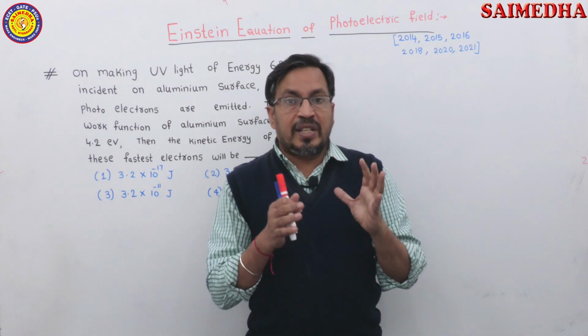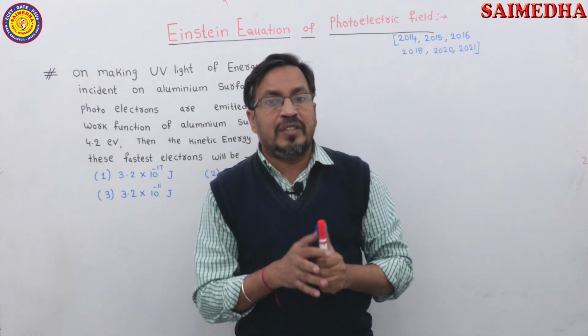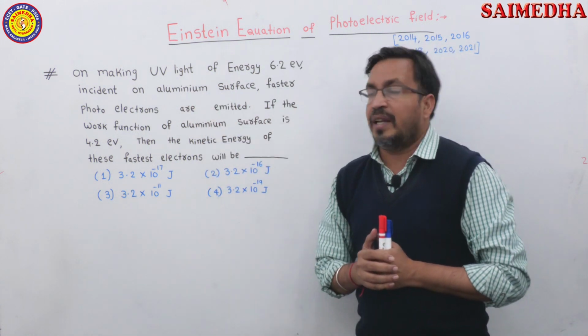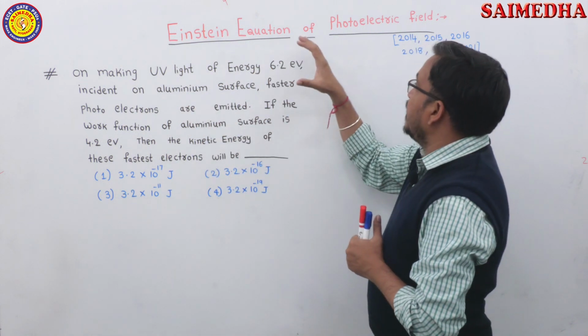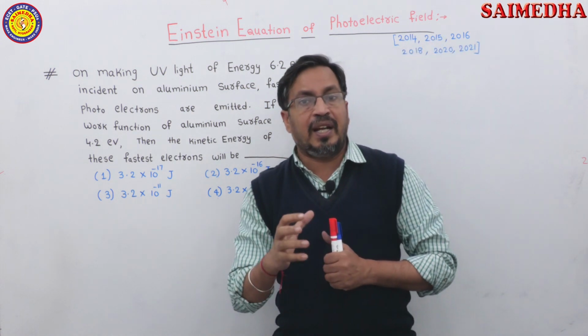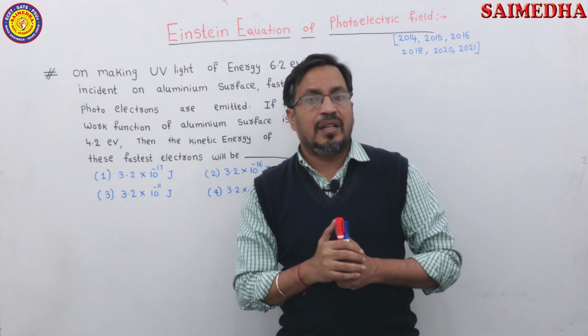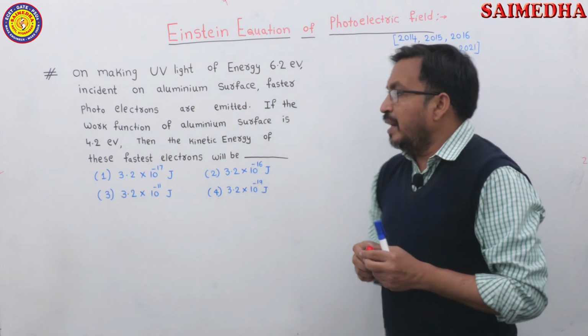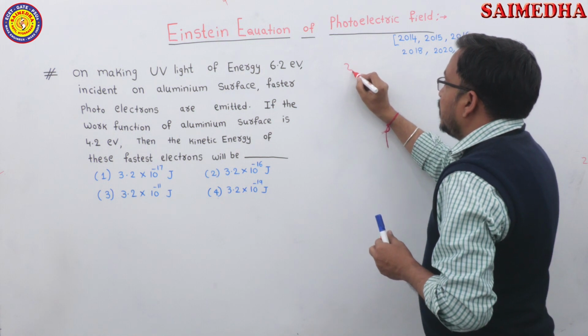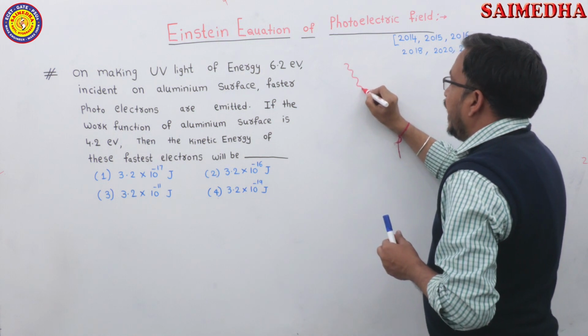So students, first I will explain the concept of this topic, then we are solving this question. Einstein equation of photoelectric effect. Here I am considering light is a wave.